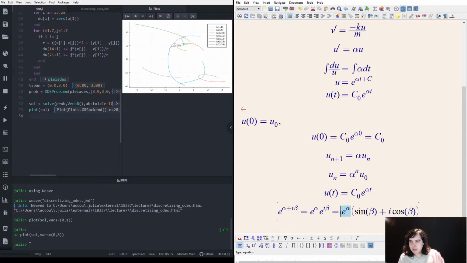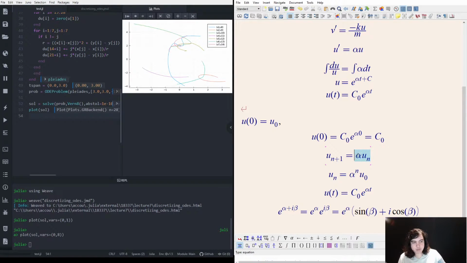And so if you have imaginary terms inside of the linear ODE, this causes spirals. Are you going to be spiraling outwards or are you going to be spiraling inwards? Well, this is dependent on the alpha term, right? This alpha term is your current rate of change: is it positive or negative? Are you going up or are you going down?